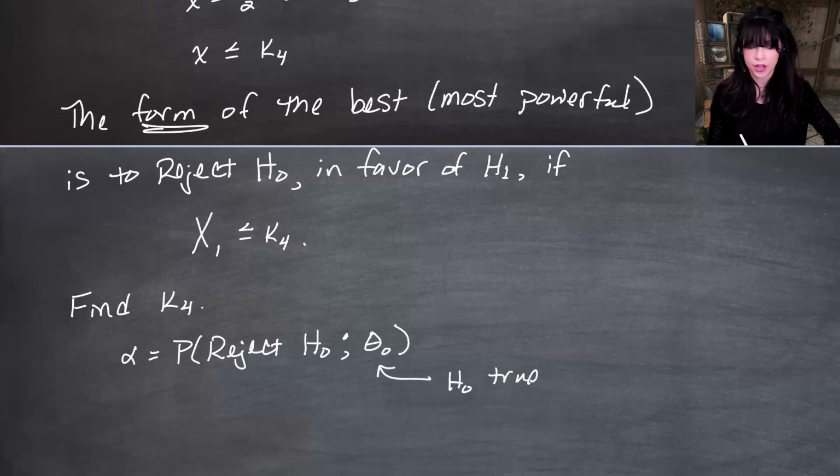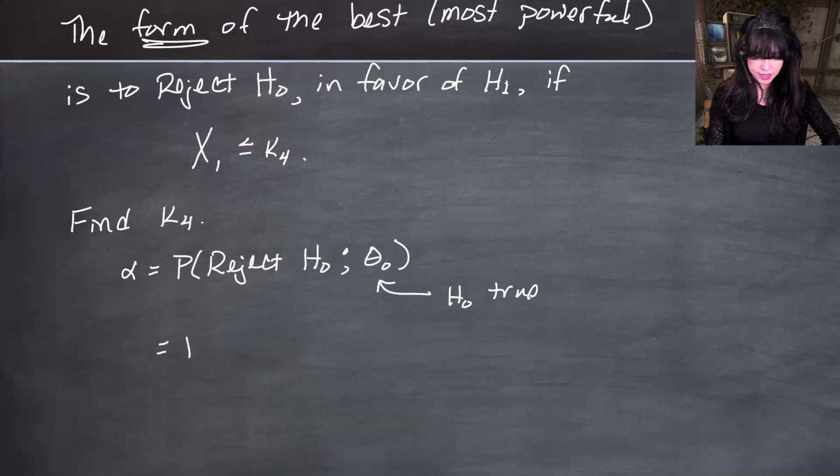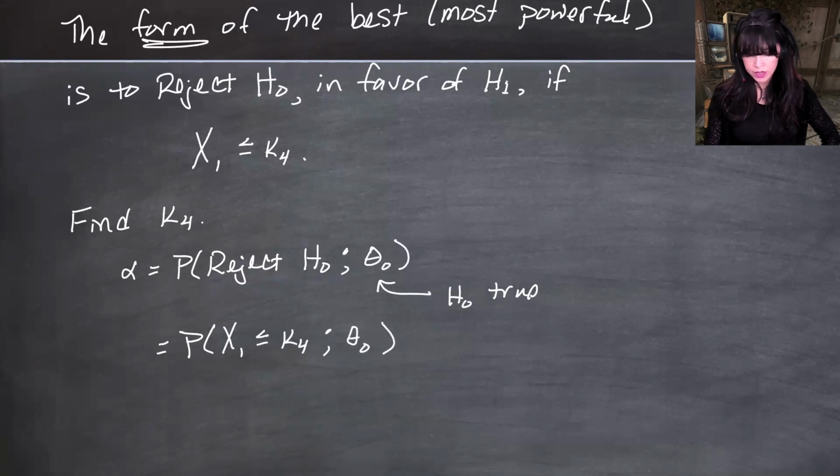If we had a composite null hypothesis, then we'd need a maximum or supremum over a bunch of probabilities where we'd be running over all different values from the null hypothesis here, but we only have one. And rejection for us is that our single sample x1 should be less than or equal to some k4 that we're trying to determine. I wrote the theta naught. Theta naught is 0, so I'll just put that on the side. I should have put 0 inside both of those statements.